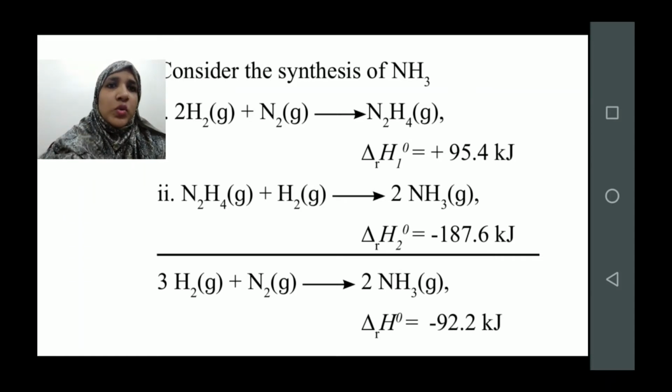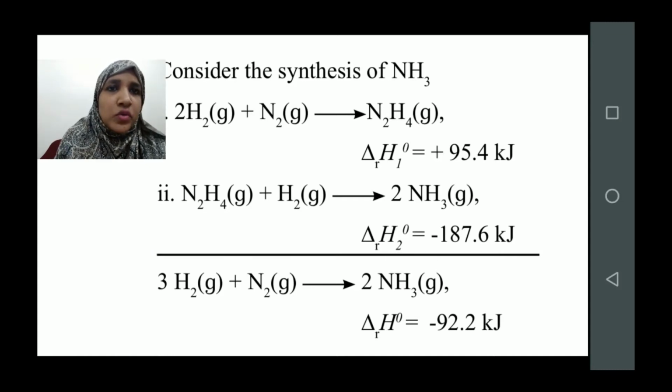So what will be the total enthalpy change for the overall reaction? Now we write the overall reaction. We can see that N2H4 is formed as well as used in the reaction, therefore N2H4 gets cancelled because it is an intermediate.